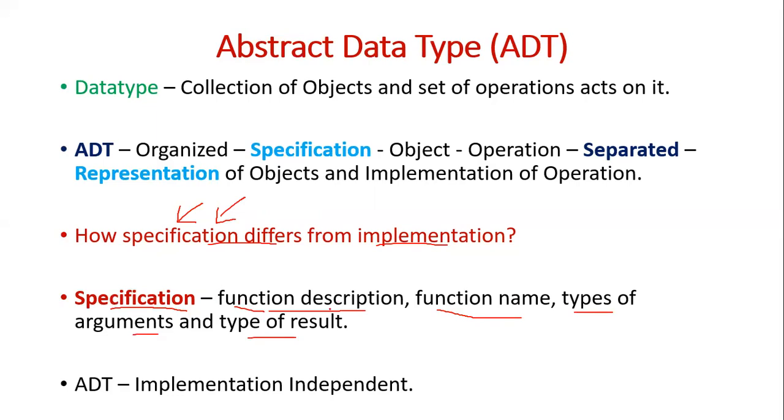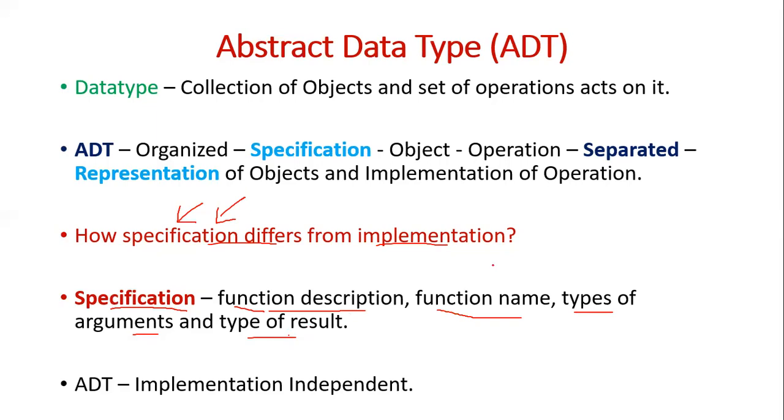Specification includes the function description, which describes that particular data type or the object, and for each of the operations that can be performed on this particular data type, the specification includes the name of the function, the number of arguments and the type of arguments it takes, and the result type. If you perform the operation, what type of result it will return. I mean the resultant data type.